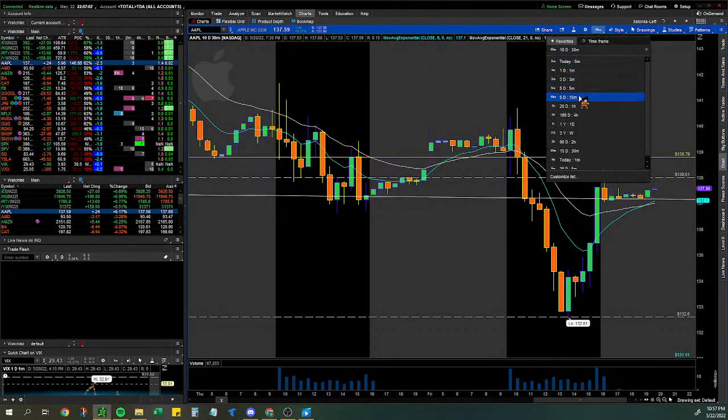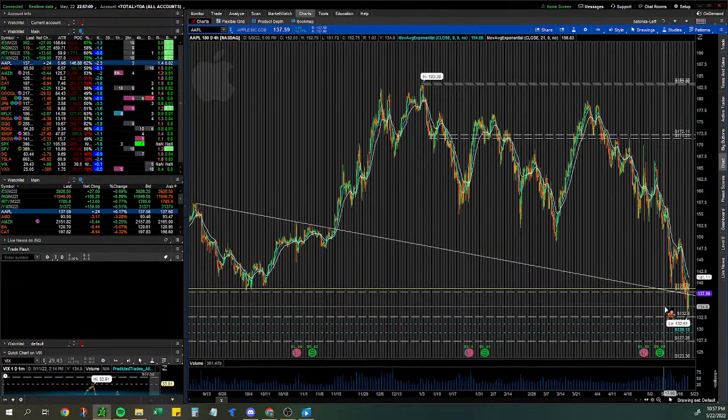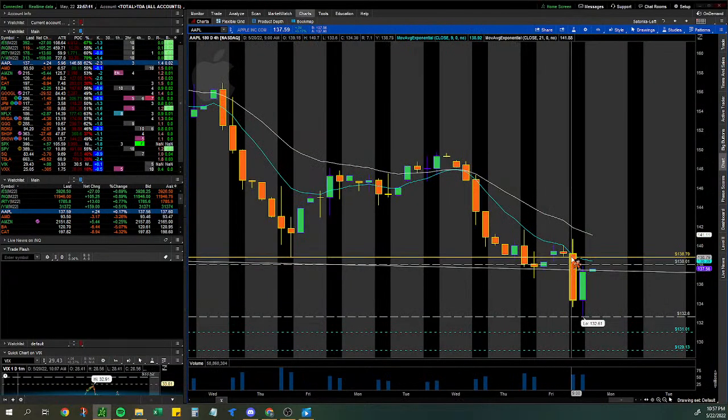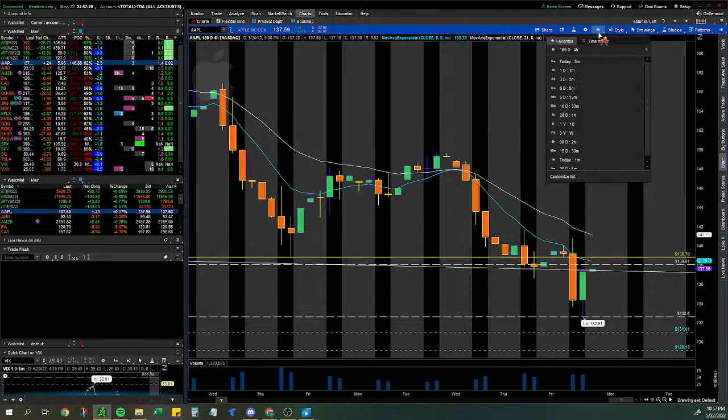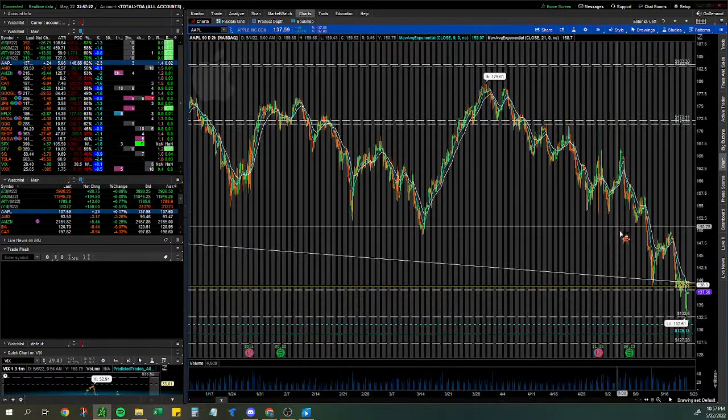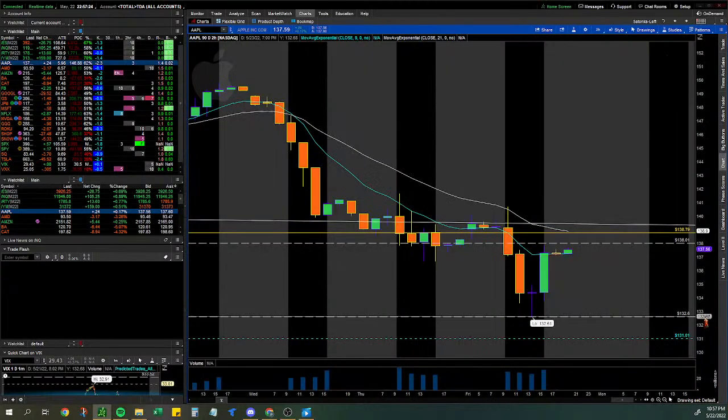And if we walk back out again to a 4-hour and look on Friday, it opened and could not get to the 21. Stopped about halfway. But if we check a 2-hour, that's where it tapped and rejected.